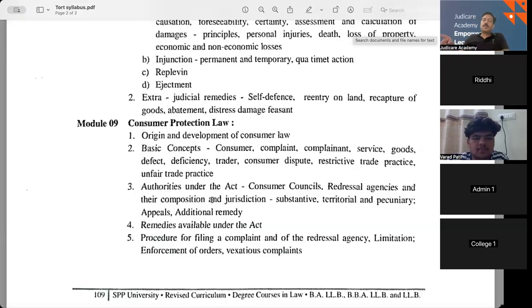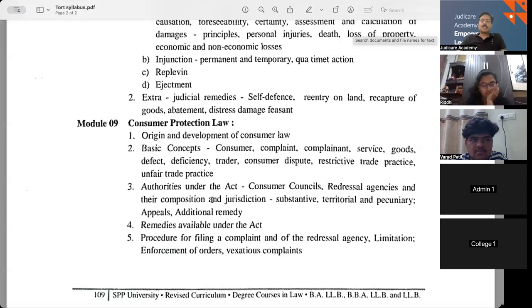I can sue and raise a dispute against that trader for the bad experience. So that is also one attribute. Any dispute relating to anything which is triable and recognized under the consumer laws in India, or anywhere in the world, is called a consumer dispute. And that is how the consumer dispute is defined.